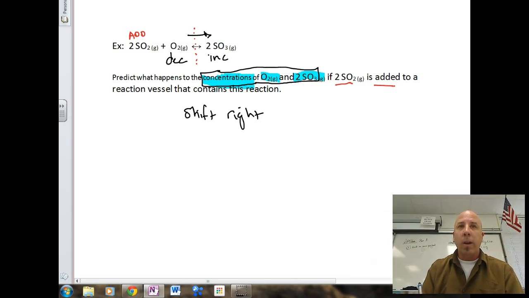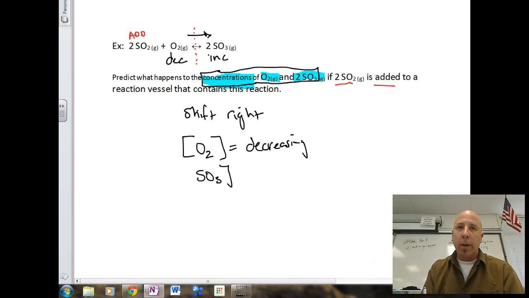So what we would say is the correct answer, and we like to use brackets to denote changes in concentration or concentration themselves. We would say that [O2], again, that bracket means concentration in chemistry, is decreasing, and we would say that [SO3], again, bracket means concentration, is increasing.